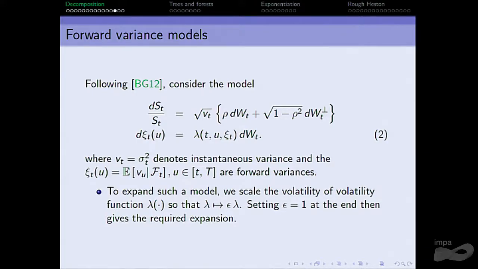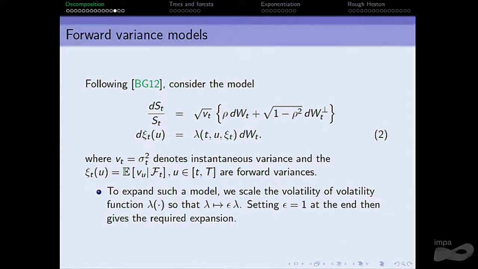And to turn it into a stochastic volatility model, you write down some specific dynamics for the volatility, right? But instead of writing the dynamics on the volatility, you write the dynamics on the forward variance curve. What is forward variance? It's a tradable asset. It's the expectation under the pricing measure of the instantaneous variance at some future date u.